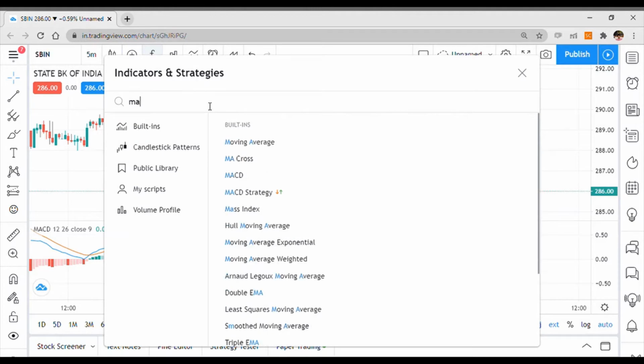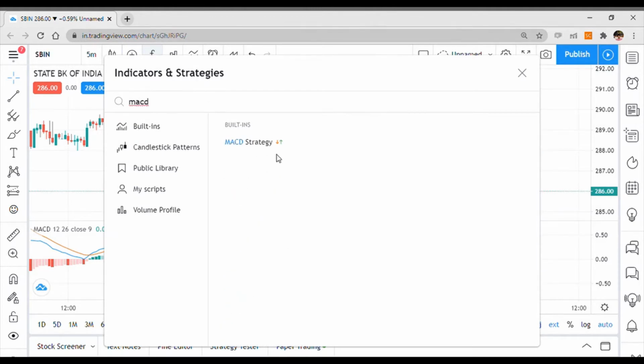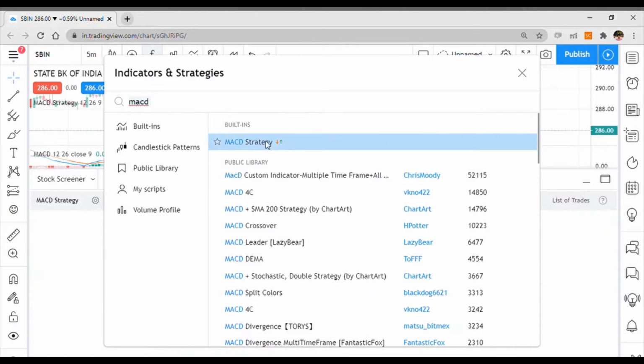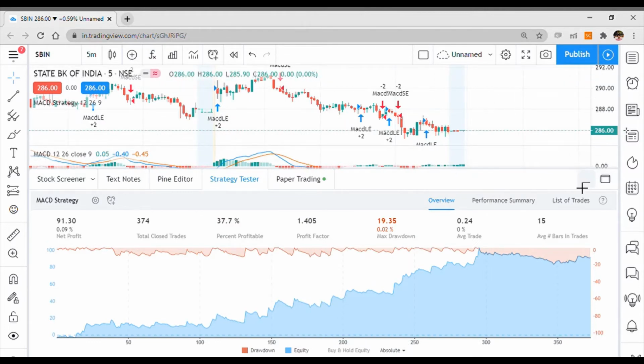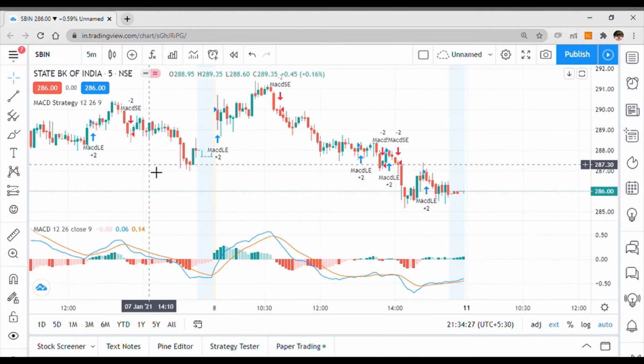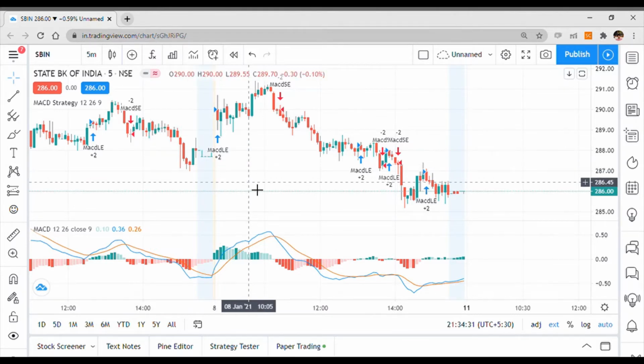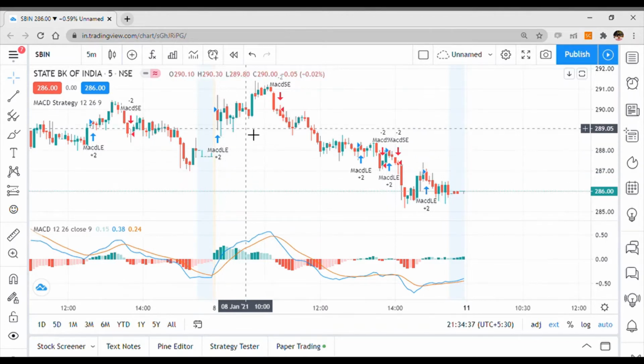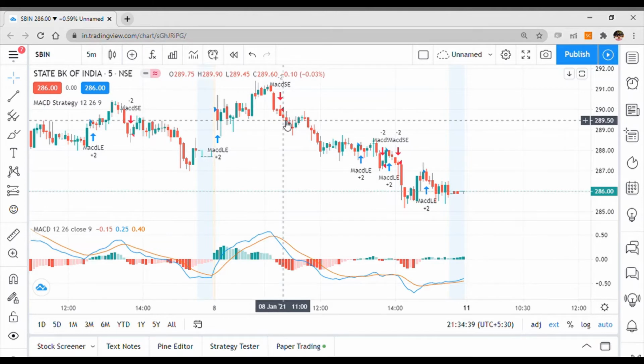Just type here MACD strategy. This is what the buy and sell signals given by basic MACD strategy. MACD LE is buy signal and MACD SE is sell signal.